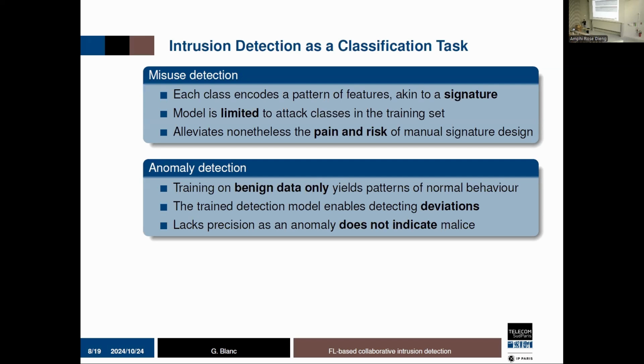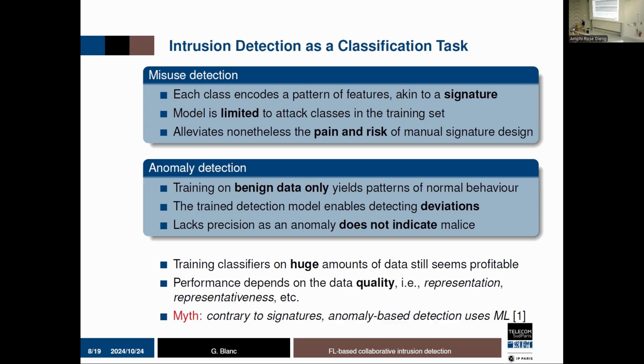You don't have to download attacks or try to run attacks in your system. One myth is that people think we can only do anomaly detection using machine learning, but as I told you, signatures can also be done using machine learning.